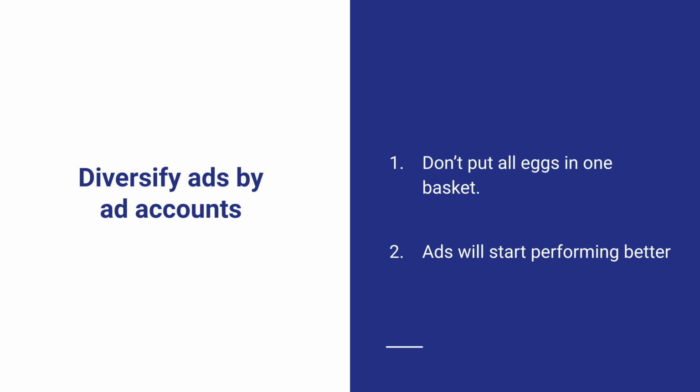Once you reach let's say 1K spent per ad account, make sure to create another one and move your ad sets, or create new ad sets based on your previous data and previous working ages, working interests and countries. So switch to another new account and create more ads for your winning products.